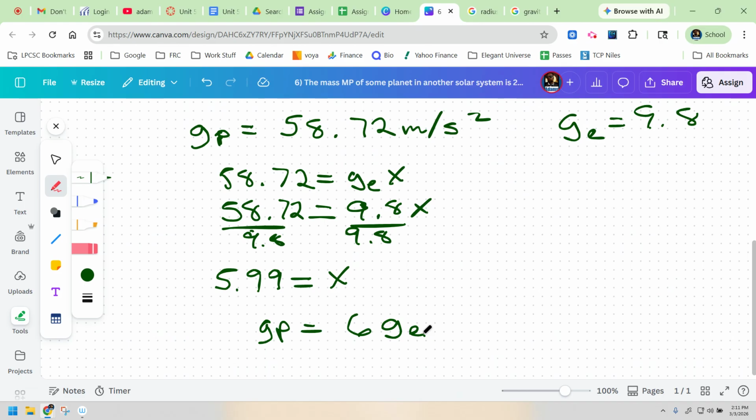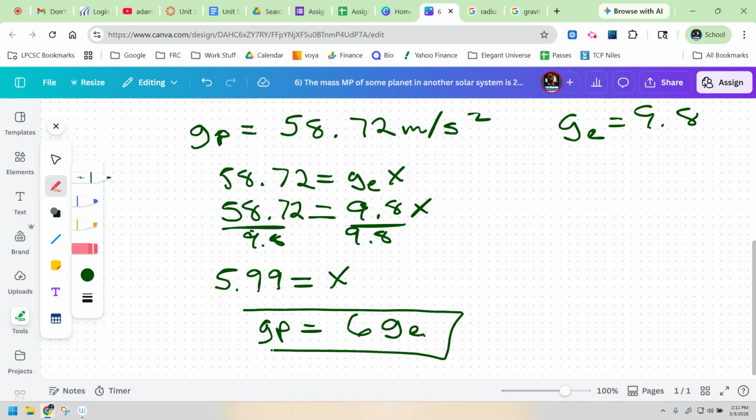So the gravitational acceleration on this other planet is about 6 times the acceleration due to gravity on Earth. And that's your answer.